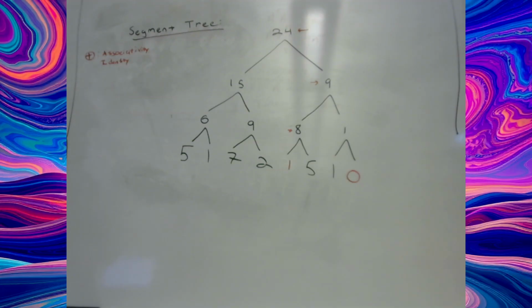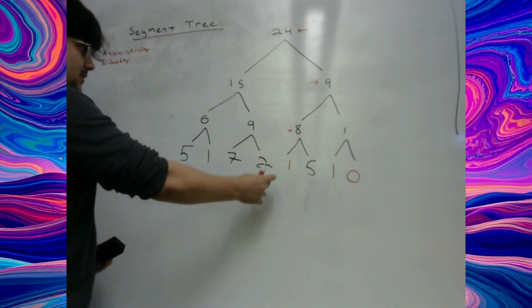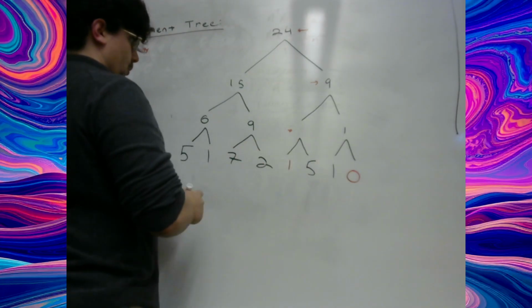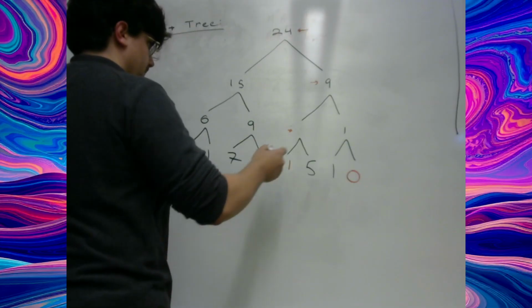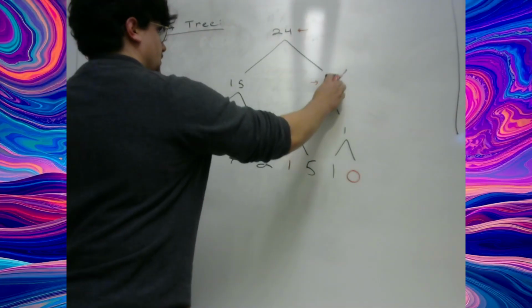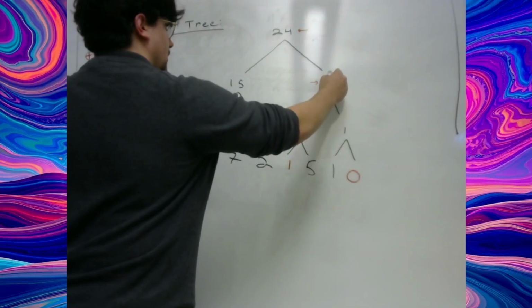So the rule is that you just apply whatever change it was. So 3 to 1, that's a -2 change. So we'll just apply -2 to these guys.